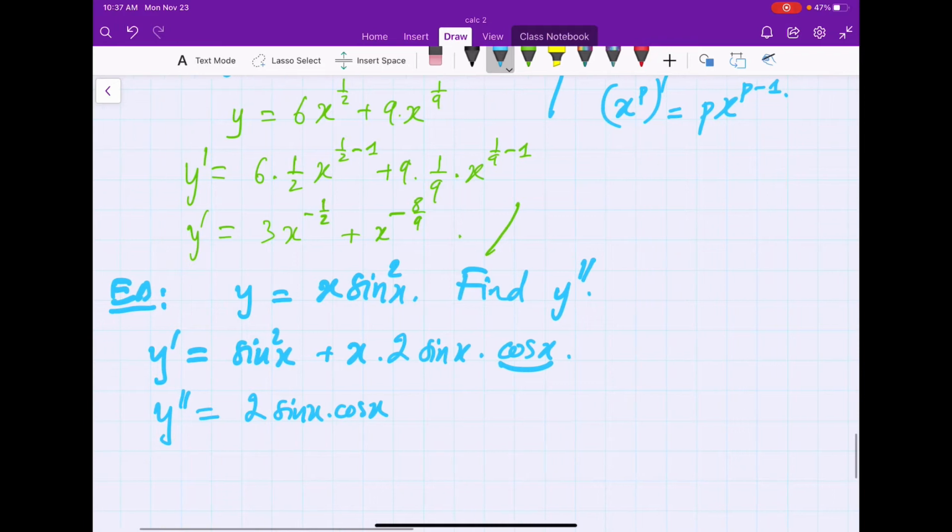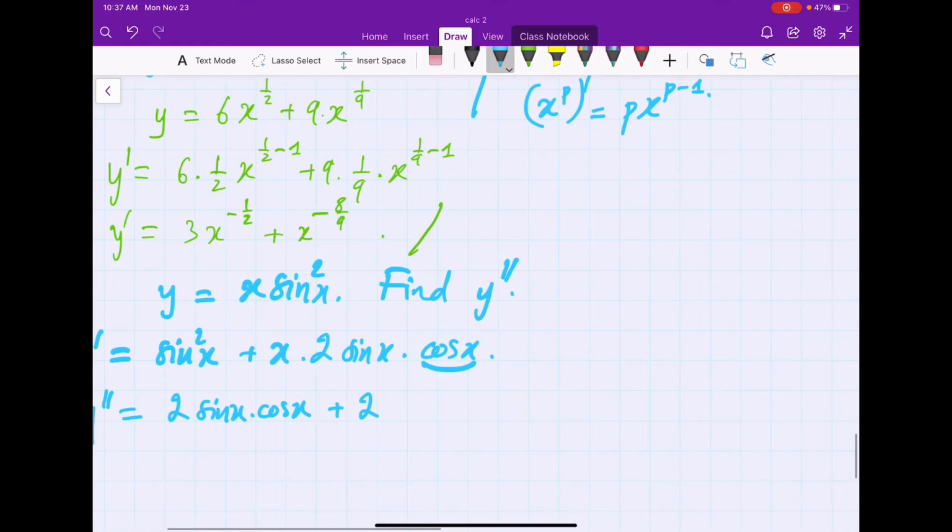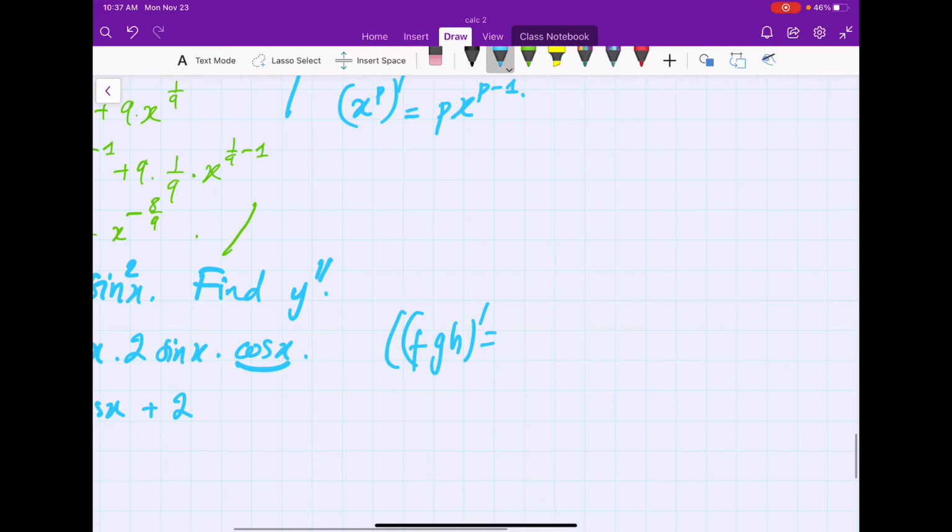For the second one, you need to use the product rule. So I have 3 functions in here. That's fine. We know how to do the product rule with 3 functions, right? You just write f'gh plus fg'h plus fgh', 3 terms, f derivative, g derivative, and h derivative.